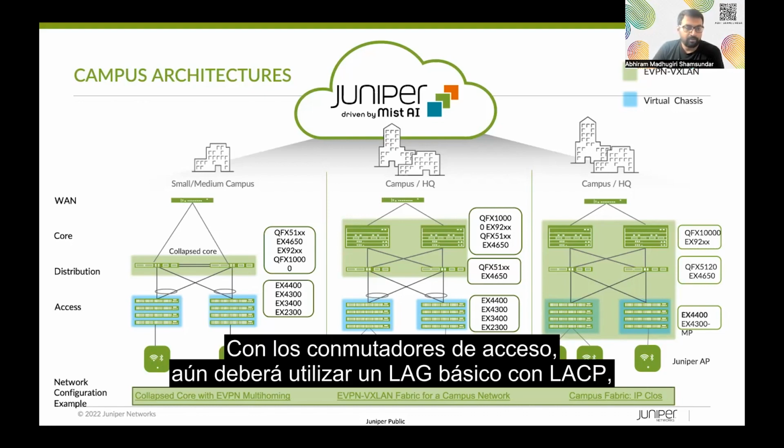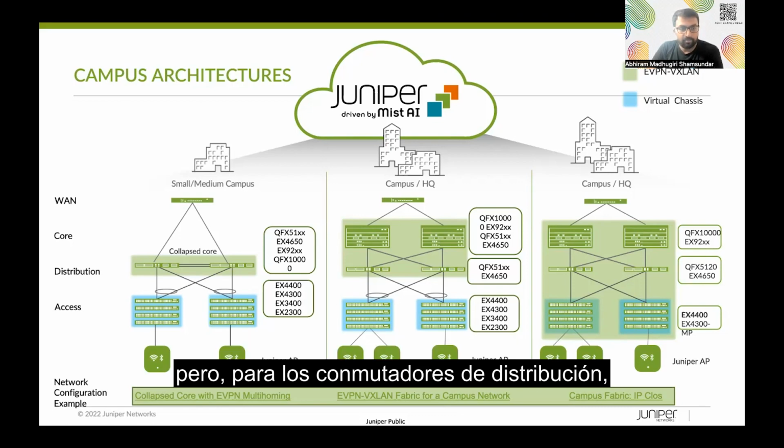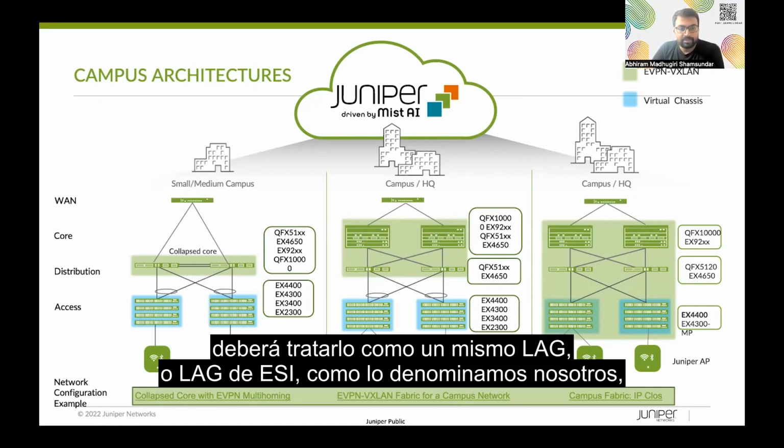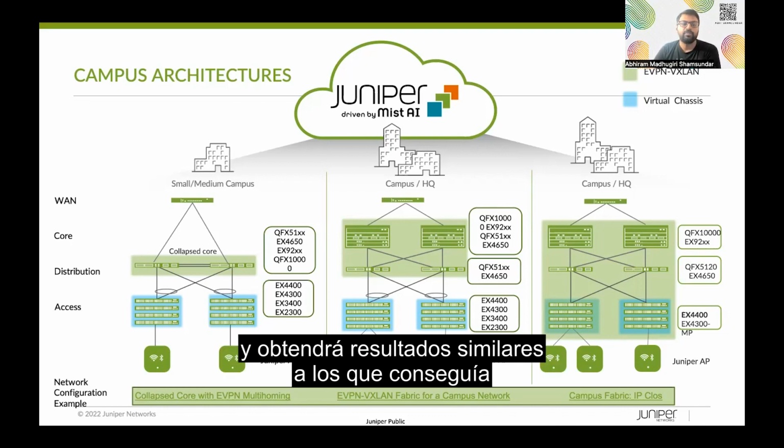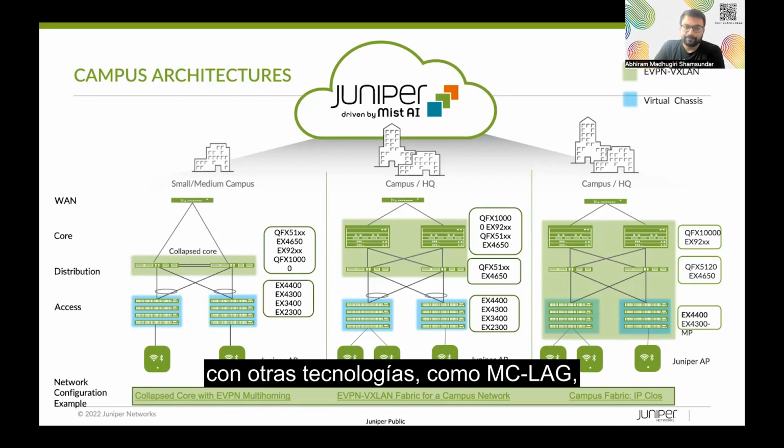From an access switch, you'll still be a basic LAG using LACP, but from a distribution switch perspective, although it's coming from a single device, you will treat them as the same LAG, or ESI LAG, as we call it, and then achieve similar results as you did with some of the technologies like MC-LAG.